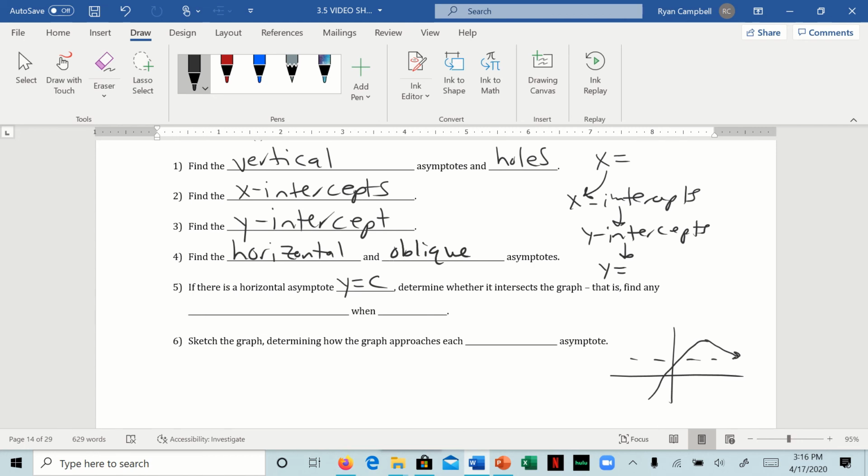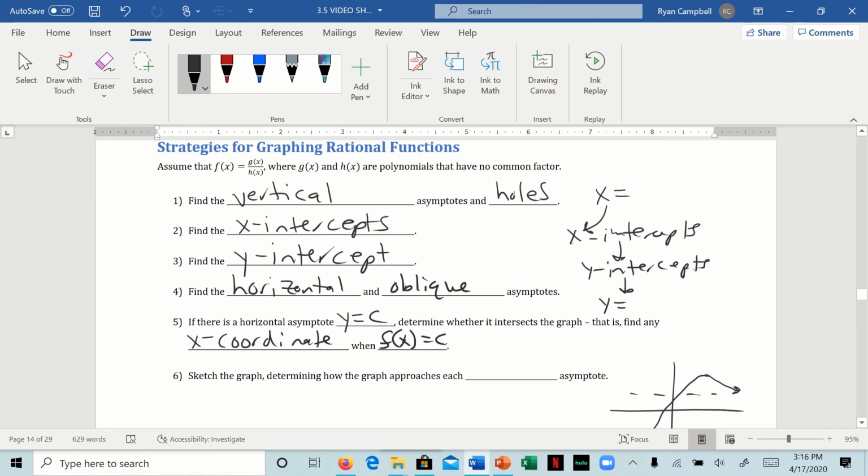So we have to check, is there ever a point where it crosses that horizontal asymptote? So basically we need to find what x-coordinate makes f of x equal to c. And then we have another point. And the more points we have, the easier figuring out what this graph is going to look like.